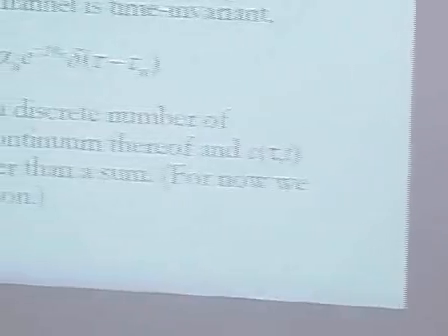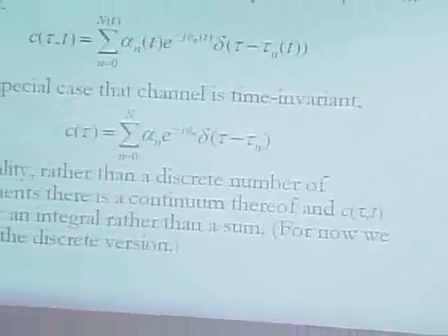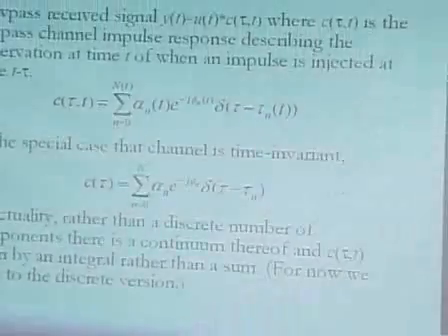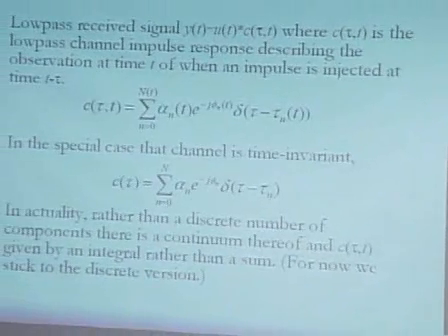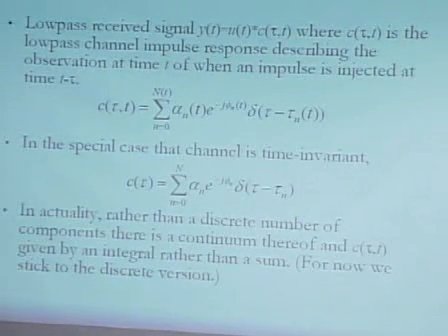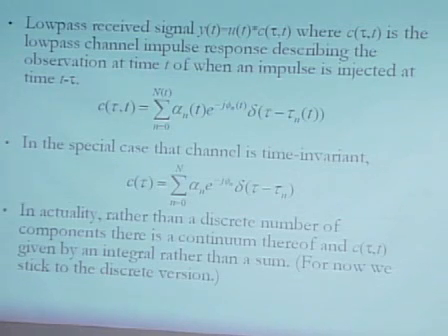I'm sure that most of you have seen linear systems before. When you have a linear system, in this case a linear time varying system, with an input and an output, they relate via something called the impulse response of the system. The output is equal to the input convolved with the impulse response.